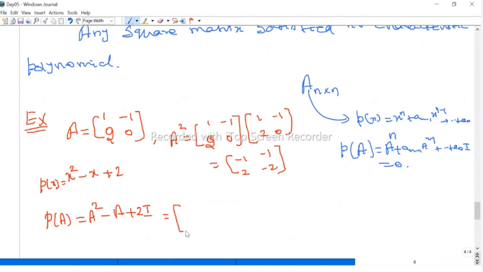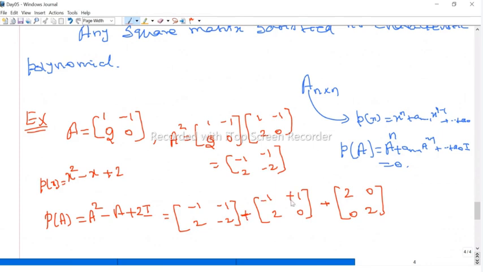Now substitute everything here: A squared is minus 1, minus 1, 2, minus 2, minus A, which is 1, minus 1, 2, 0, plus 2 times I. You have to multiply 2 with each term of the identity matrix, and we get this one. Now if you take the minus inside, this becomes plus, this is minus, this is plus, this is minus.